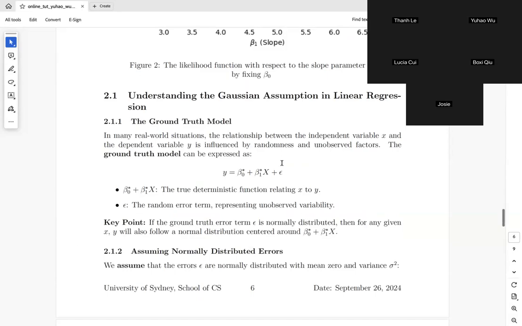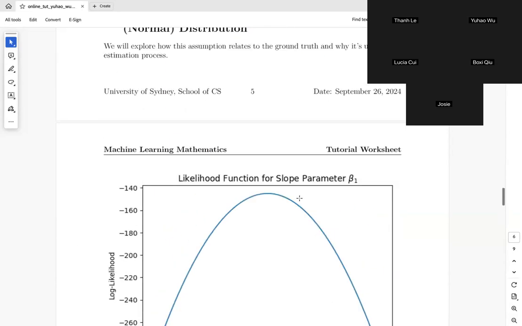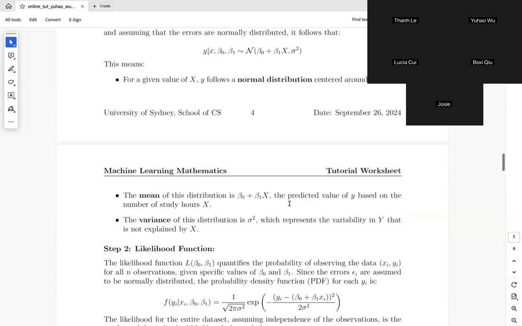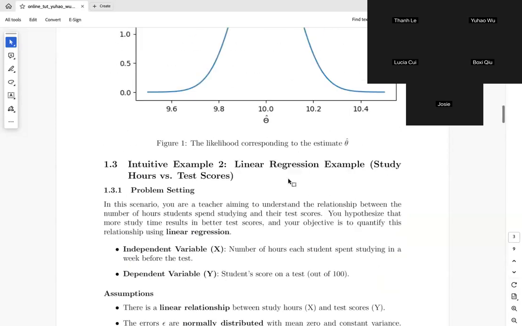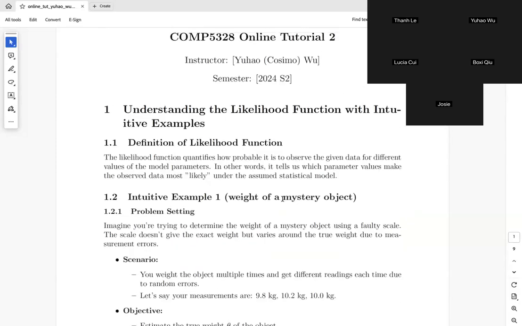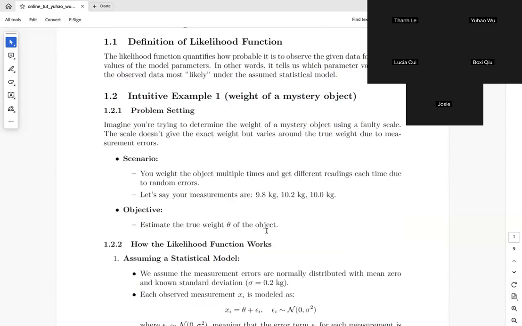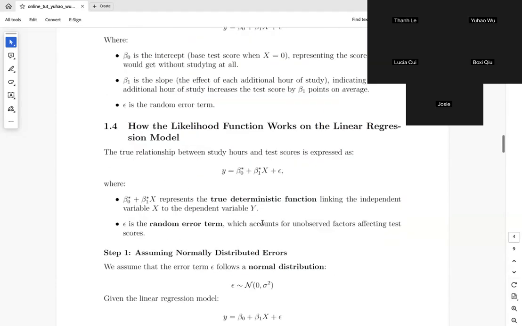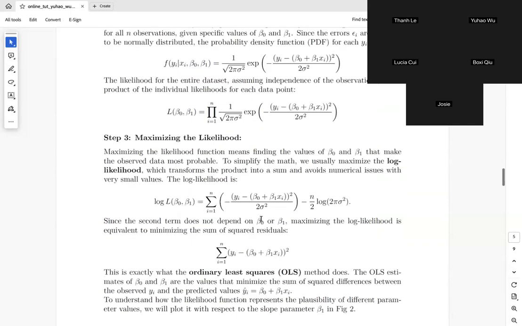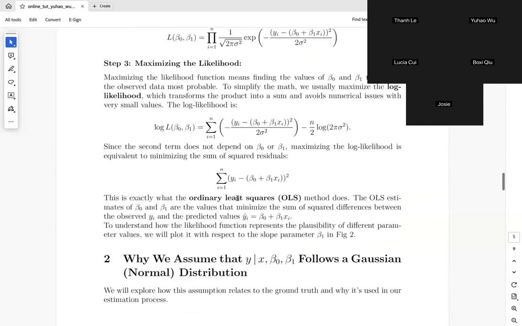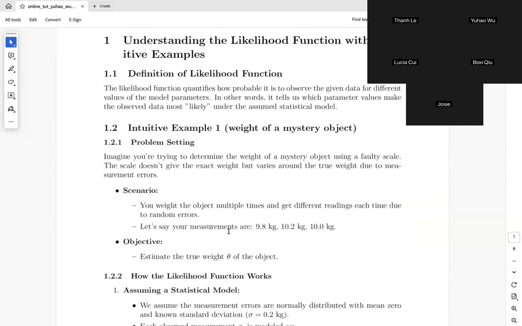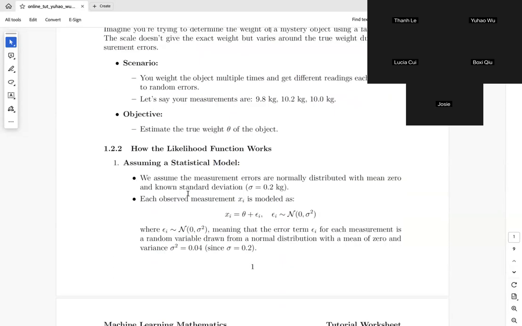Okay, until now we already know what the maximum likelihood is and the intuition examples of the maximum likelihood function in different cases, like the weight of the object and the linear regression model. Now we have noted that here, we make the assumption that our epsilon belongs to a normal distribution.